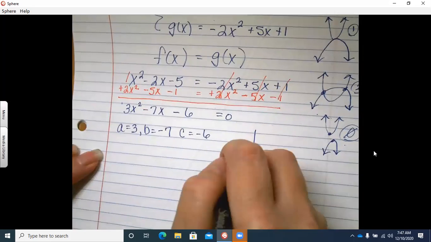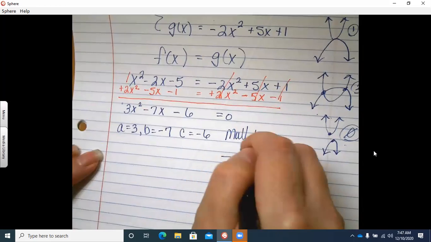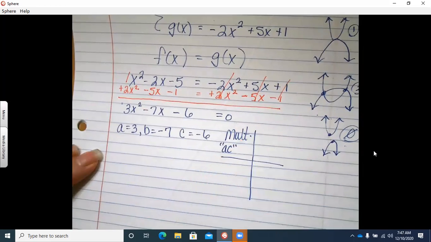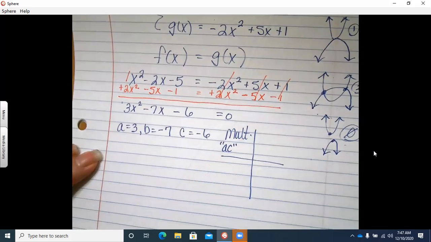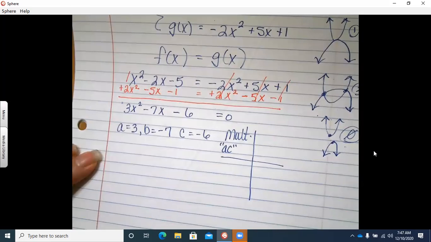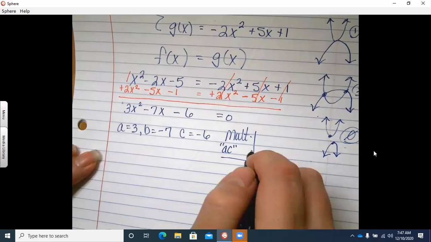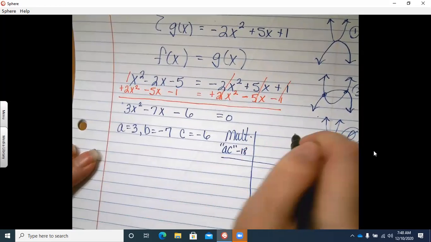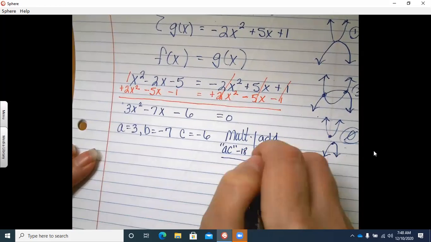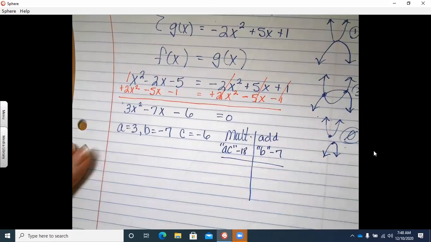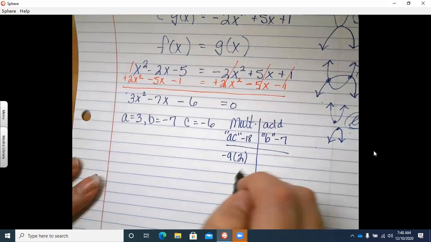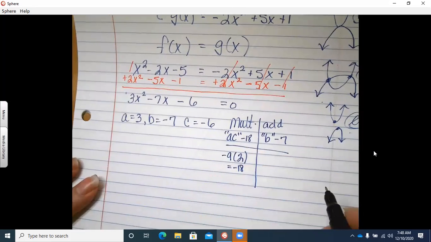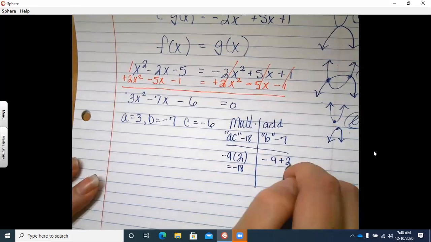We need 2 numbers that multiply together to get A times C, which is negative 18, and 2 numbers that add together to get B, which is negative 7. And we just said that negative 9 times positive 2 is negative 18, and negative 9 plus 2 is negative 7.